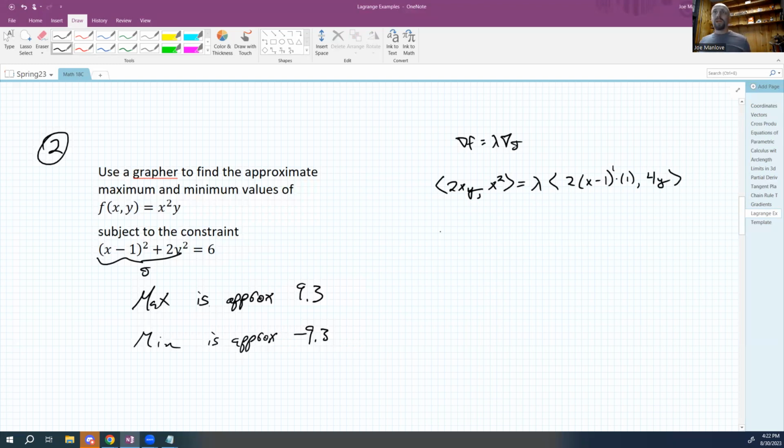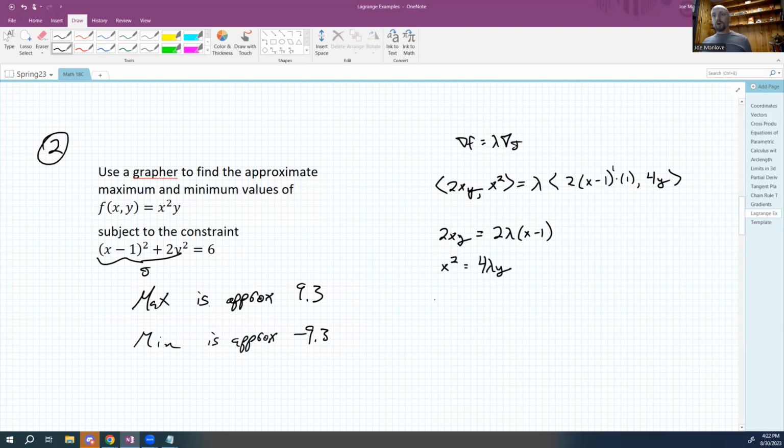And so now we'd have some equations, right? Our equations are 2xy is equal to 2 lambda times the quantity of x minus 1. We'd also have the equation x squared is 4 lambda y.